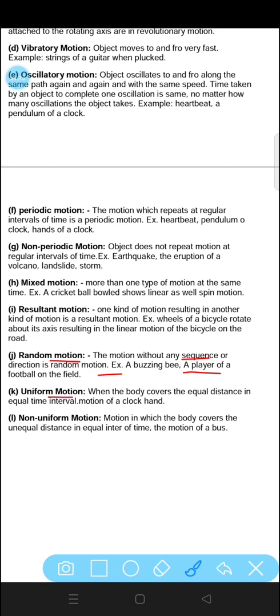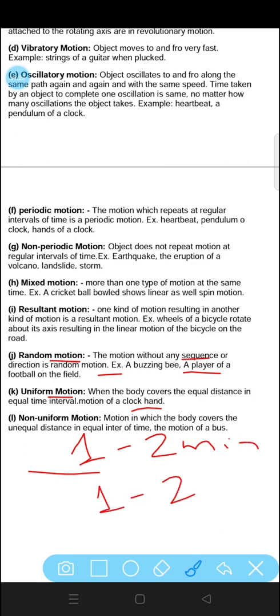Next is uniform motion. When a body covers equal distance in equal time intervals, like the motion of a clock hand. For example, if you are covering 1 kilometer in 2 minutes and again you are covering 1 kilometer in 2 minutes and you are repeating the same thing, then it will be called uniform motion.